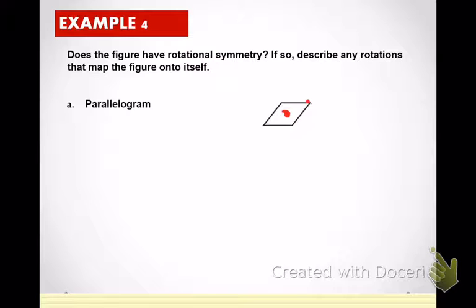Can I rotate it so that the figure maps onto itself, besides rotating it all the way around, 360 degrees, so that the point ends up where it was before? Is there a rotation that maps the figure onto itself? If so, how many degrees? 180. Yes, a 180 degree rotation. I could take this around to here, and it would map onto itself. So this has one rotational symmetry, 180 degrees.